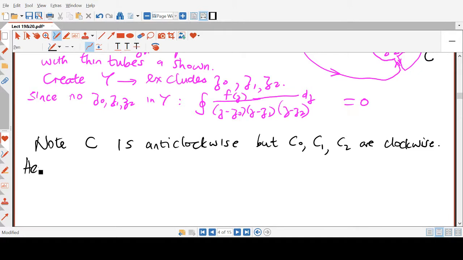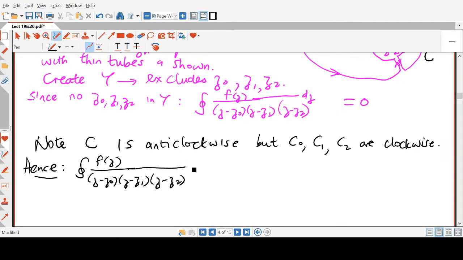Hence, this contour integral of f of z over z minus z0, z minus z1, z minus z2 dz minus, now each of them, you're going to subtract each of those guys. Why subtract? Because it's anti-clockwise. Now I'll just use mathematical language.